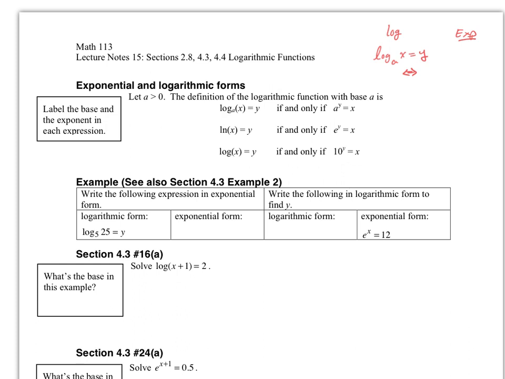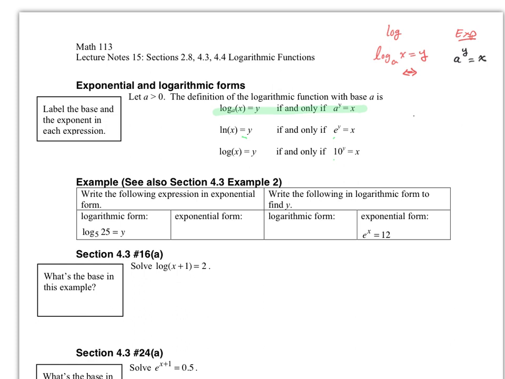The base is a. The exponent is going to be y, and then this is equal to x. In other words, when you switch from one to another, the two things that were together have to be separate on the other side, but always look for the base first, which is exactly what this is saying. So this is the general formula, which is the one I just did. And these are just special cases where the base is e, and this is where the base is 10.